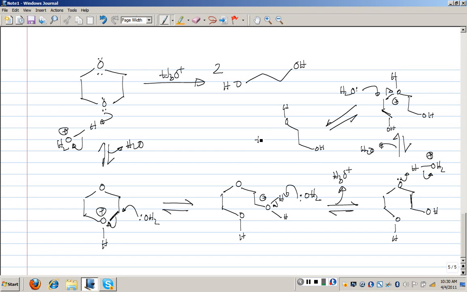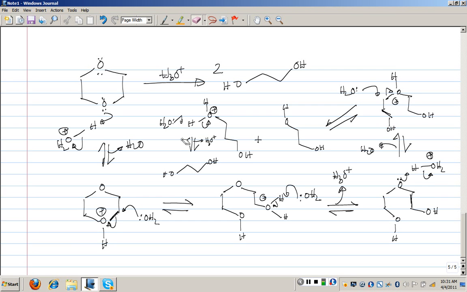And it's also going to make OH, 1, 2, 3, 4, OH2 plus. And then a water molecule comes in, acts as a base, sucks off the proton, and gives rise to my second ethylene glycol, and I lose H3O plus.